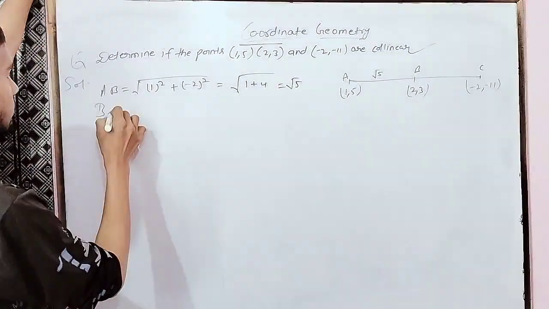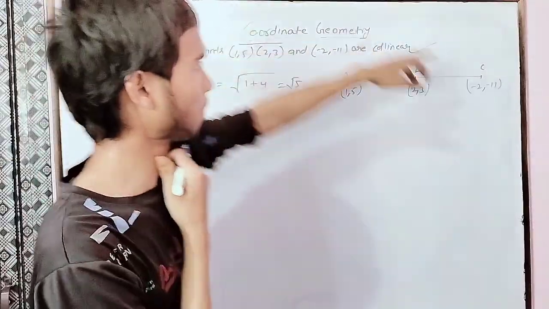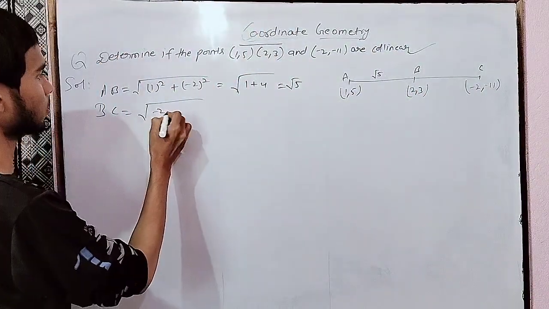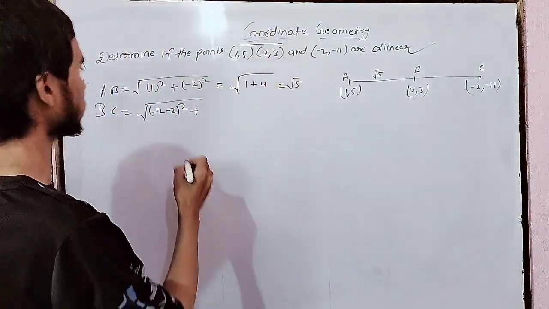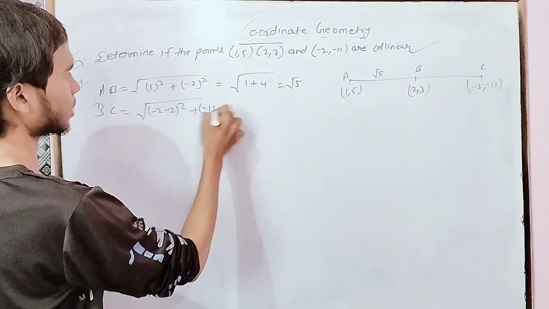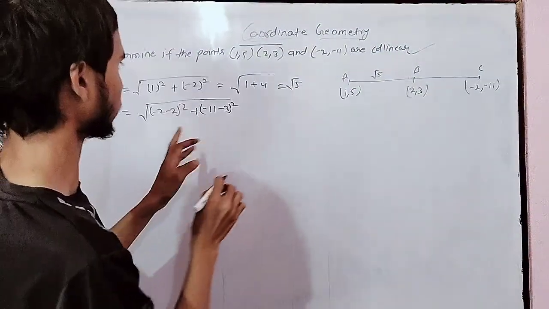Now next is BC. Minus 2 minus 2, squared, and minus 11 minus 3, squared. We are going to simplify it.